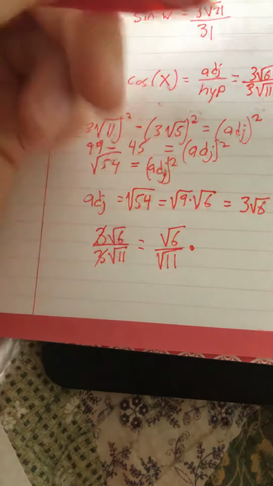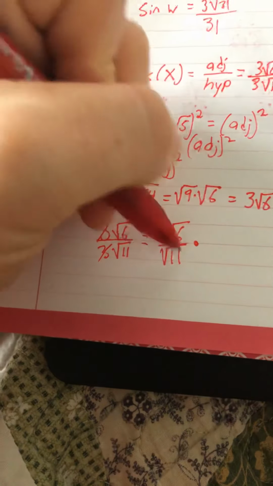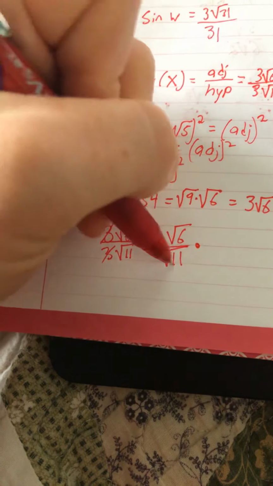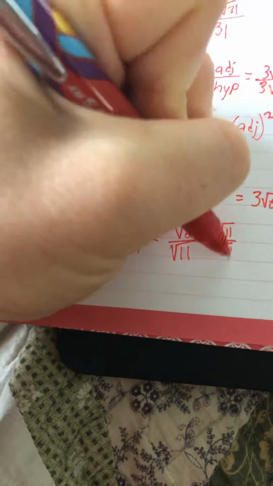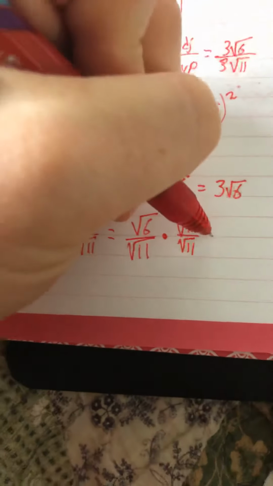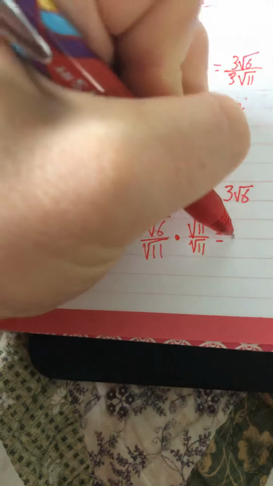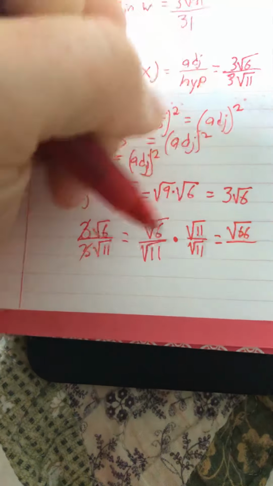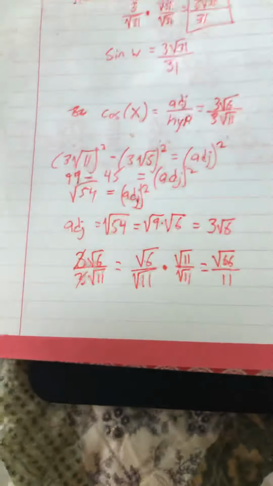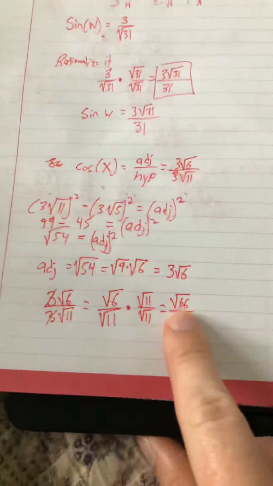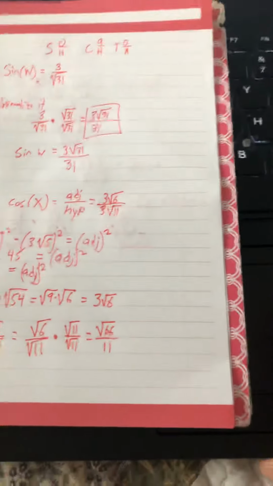So we're going to multiply by a fraction using what's in the bottom of the denominator. So it'd be the square root of 11 over the square root of 11. Top times top, we've got the square root of 66 over bottom times bottom. Square root of 11 times square root of 11 is just 11.